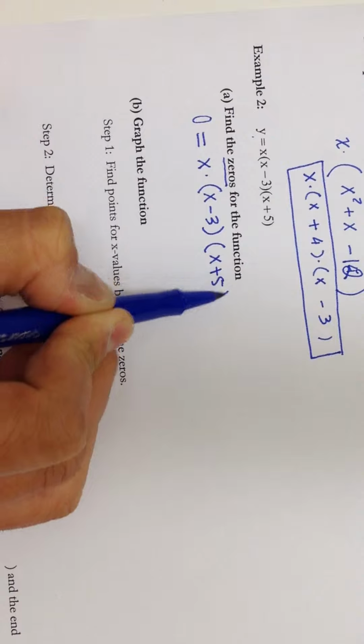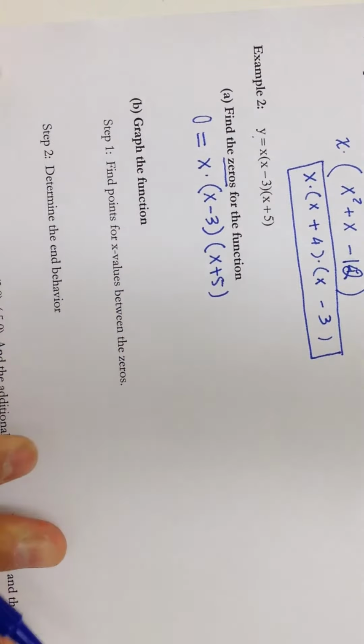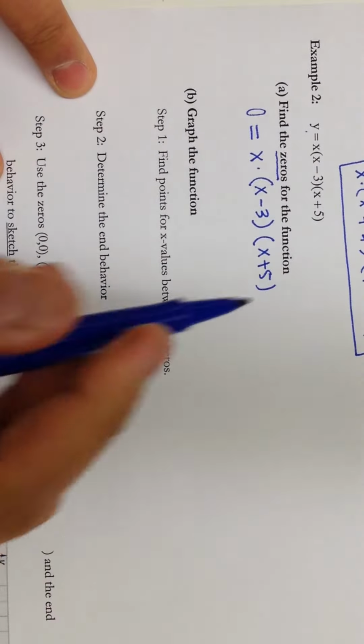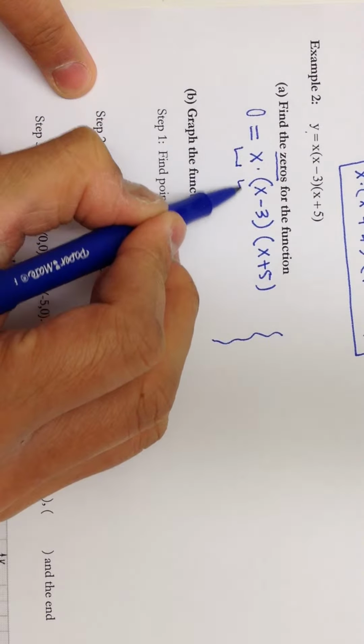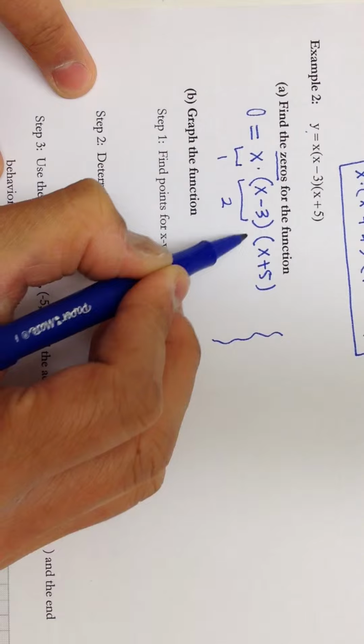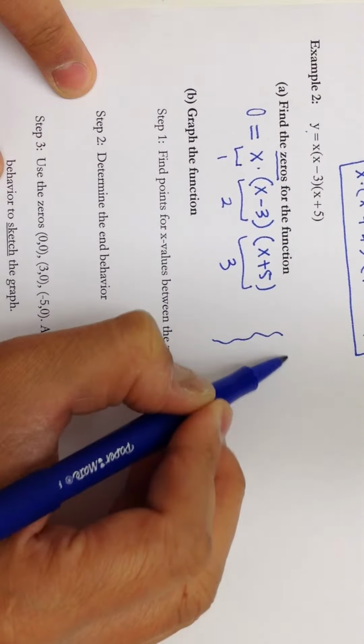Notice that there are three factors we're looking at. Next step is to take each of those factors and set them equal to 0: first, second, and third.